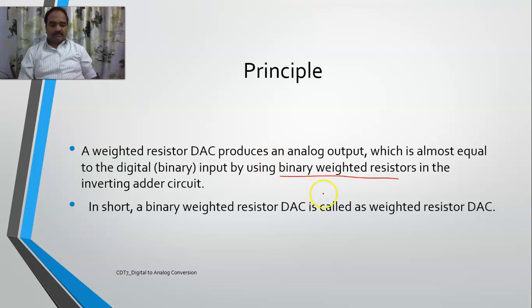Since it consists of binary weighted resistors, it is often called a weighted resistor DAC, where every bit is followed by a resistor 2 power 0, 2 power 1, 2 power 2, 2 power 3, 2 power 4, like that.